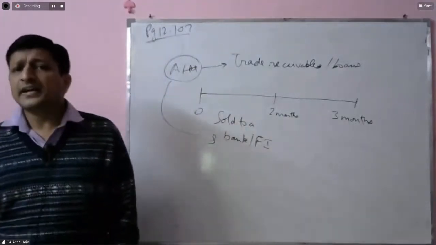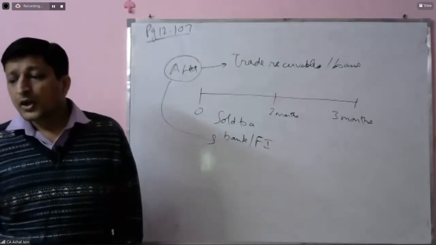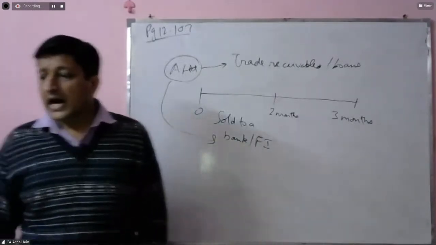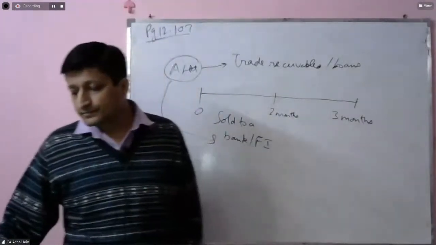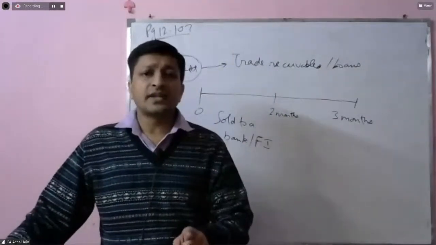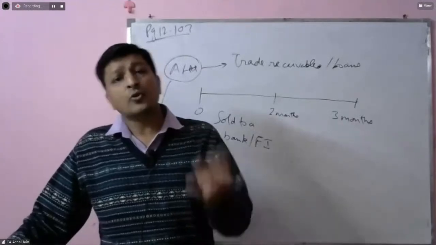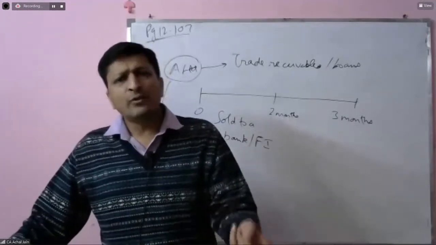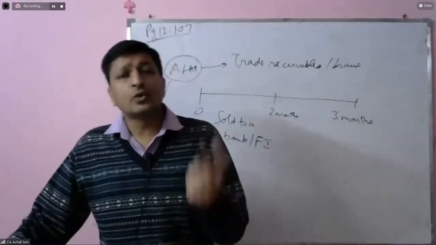In the consolidated financial statements, accounting principles for derecognition are applied at a consolidated level. That's the point. They are saying when you look at the consolidated financial statements, then apply derecognition principles at consolidated level, means by looking at the numbers which are consolidated for the group as a whole.